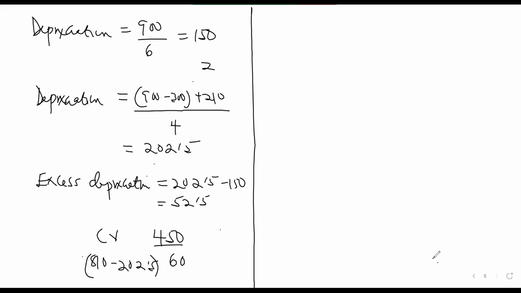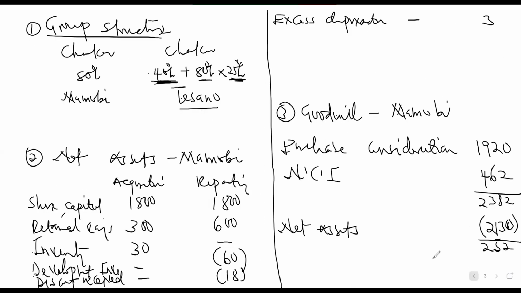What is the difference between that and the 450? It is 157.5. So someone can also say that the asset for this year has been increased by 157.5, and subtract the 157.5.